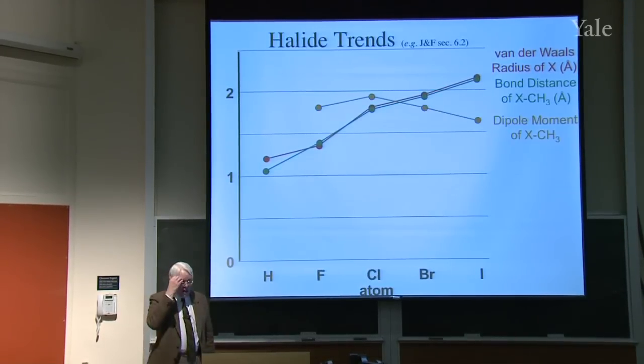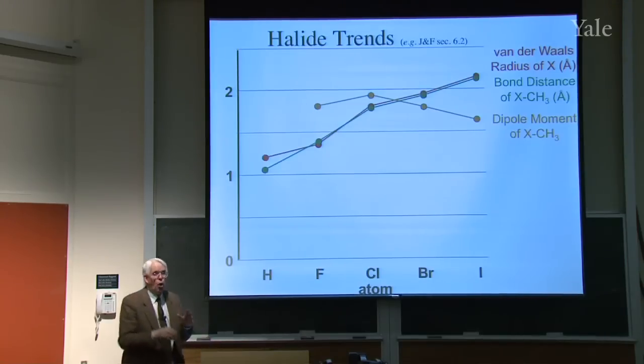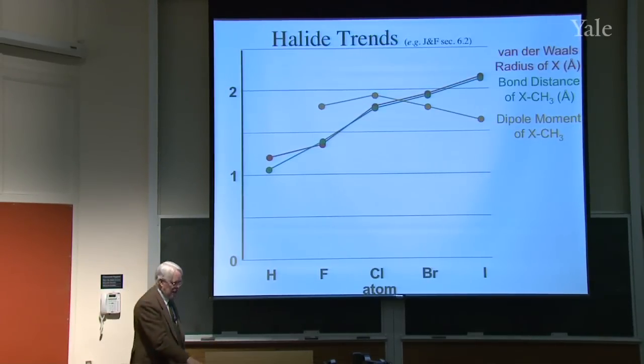Okay. Now here's a property, the dipole moment, right? How polar is the molecule, right? And it's the dipole moment shown here. What do you notice about that as you go fluorine, chlorine, bromine, iodine? What's the first thing you notice about the trend? Doesn't work for H. There's nothing with H. Well, I didn't put it.